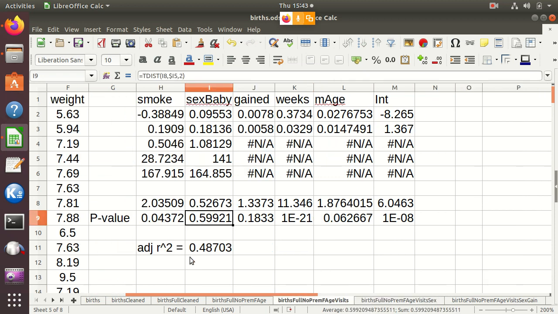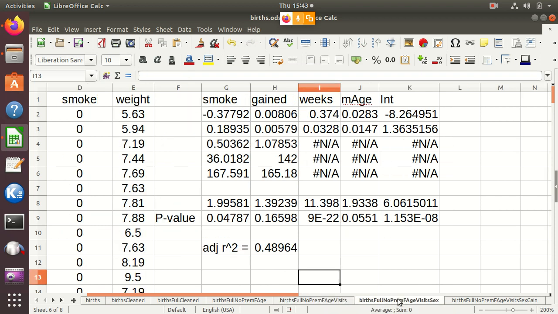And again, as I look at the significance level, here's something interesting. The p-value here was 0.043. When I took out the gender of the baby, it jumped up just a little bit. So does that mean I should put it back in, because what I'm after is a significant result for whether smoking matters? No, right?